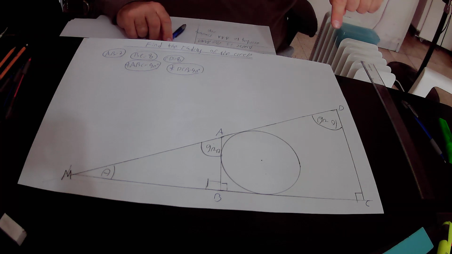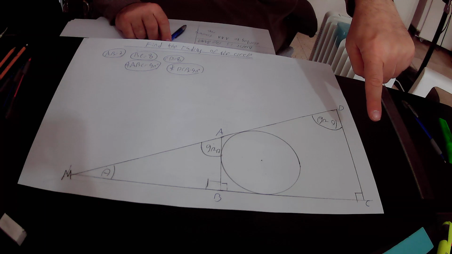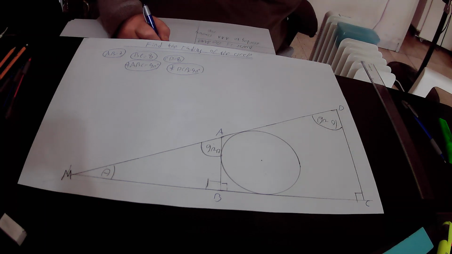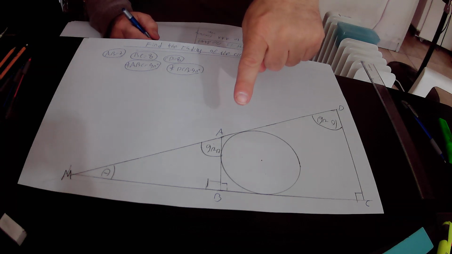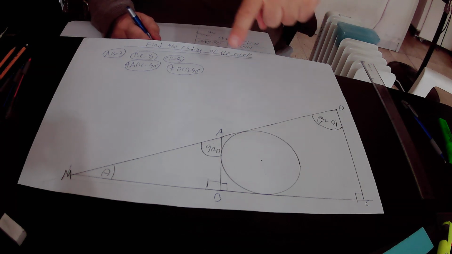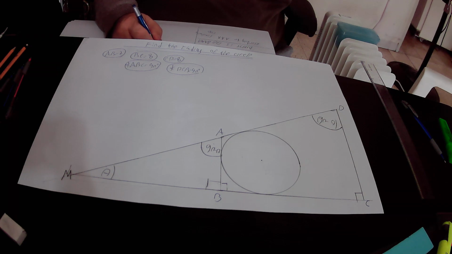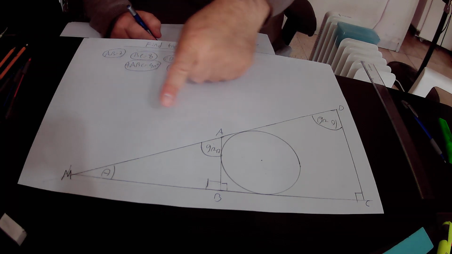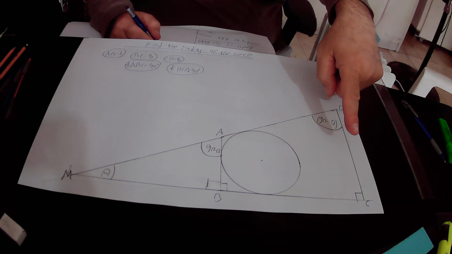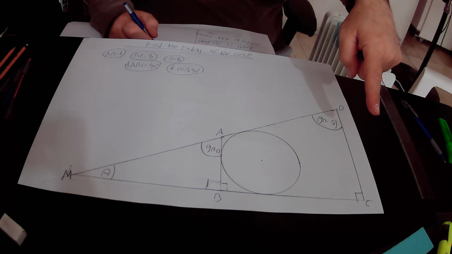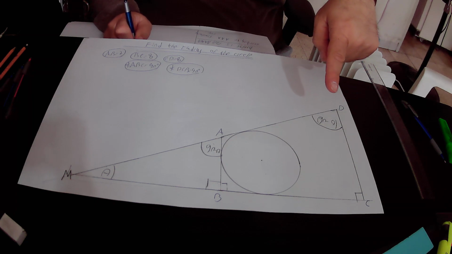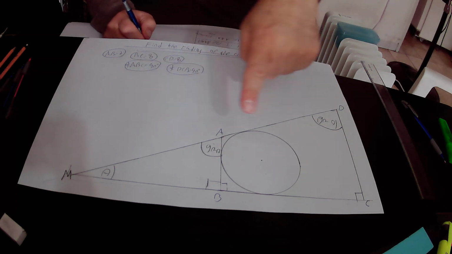We will derive that side DC in the big right triangle DCM over side AB in the small right triangle AMB equals side MC in the big right triangle DCM over side MB in the small right triangle AMB.